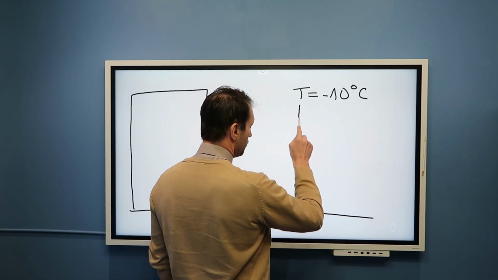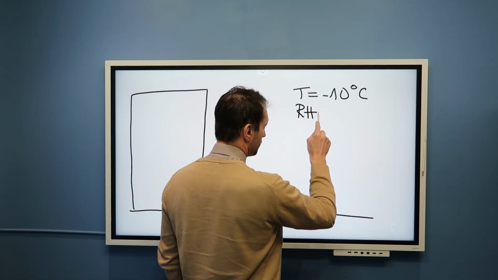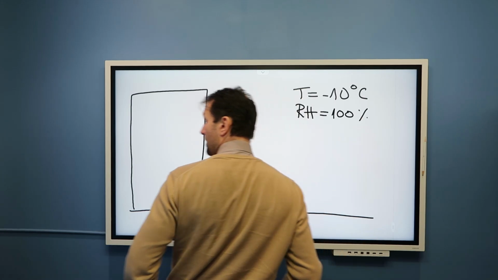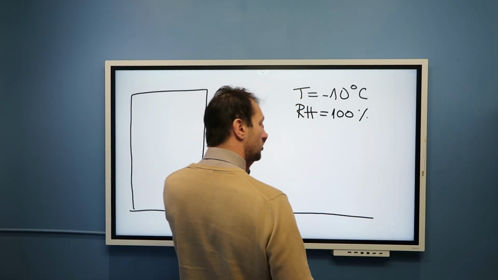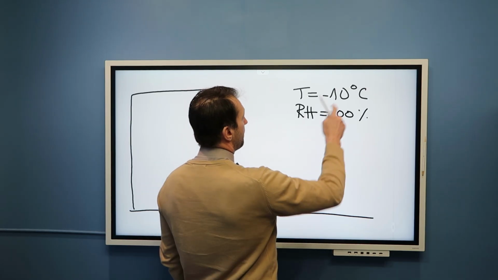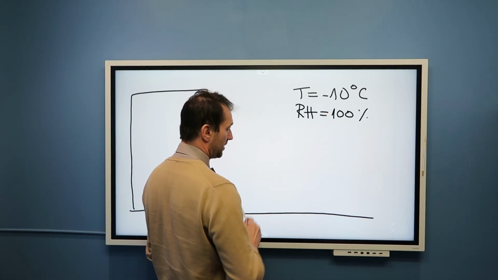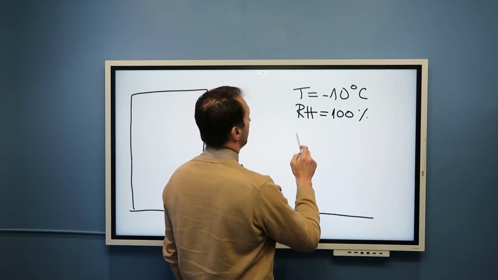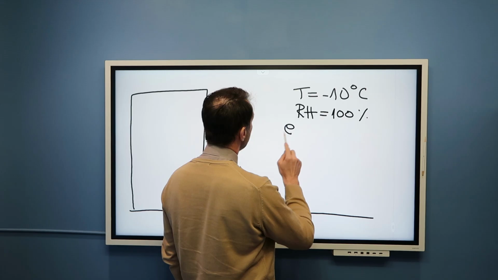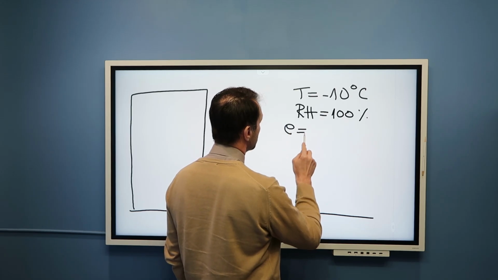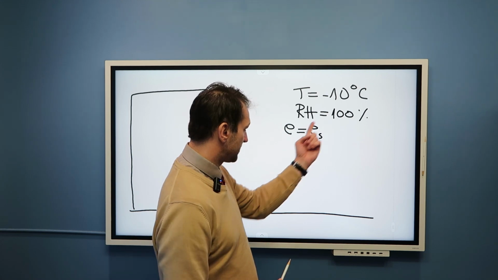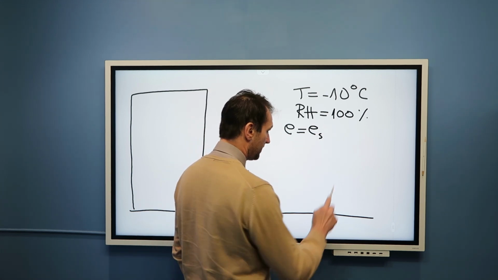Now let us assume that relative humidity outside is 100%. And it's snowing outside, so this is also not a very crazy assumption. Now at negative 10 degrees Celsius, and in this relative humidity, we know that the actual water vapor pressure equals saturation water vapor pressure, hence relative humidity 100%.